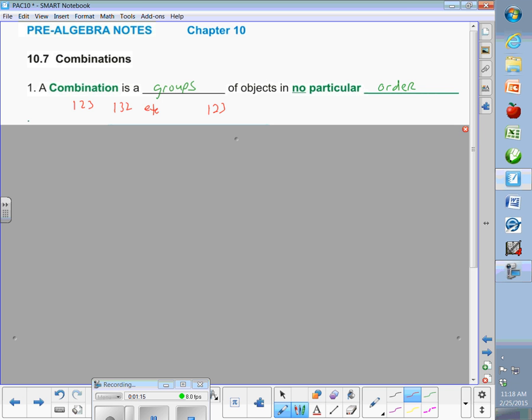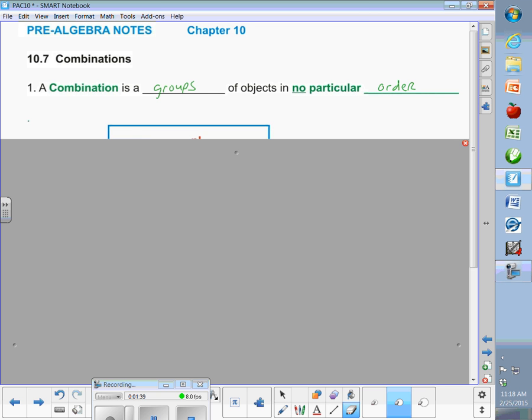Whether it's 1, 2, 3, 1, 3, 2, 2, 1, 3, doesn't matter. There's only one group using those 3 items. That's the difference in a combination: the order does not matter, it's just the members of the group. That means that combinations will have fewer solutions than permutations.